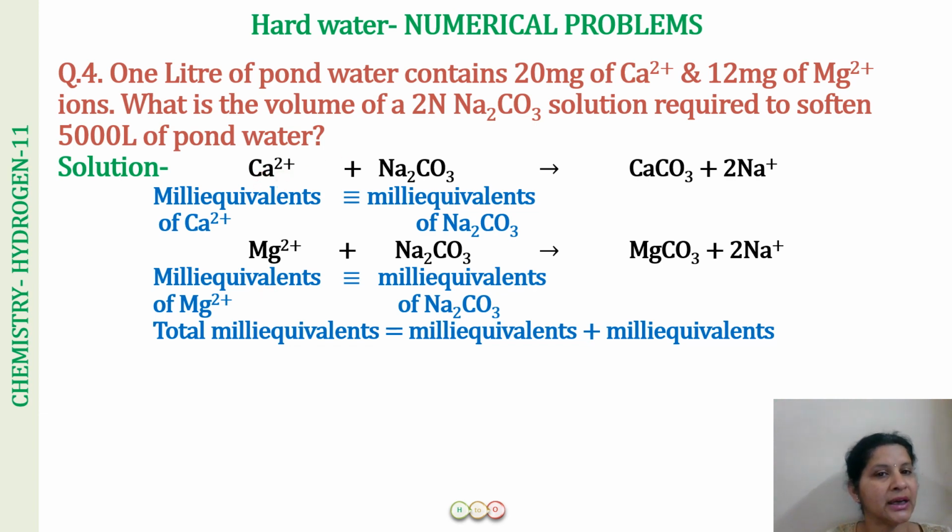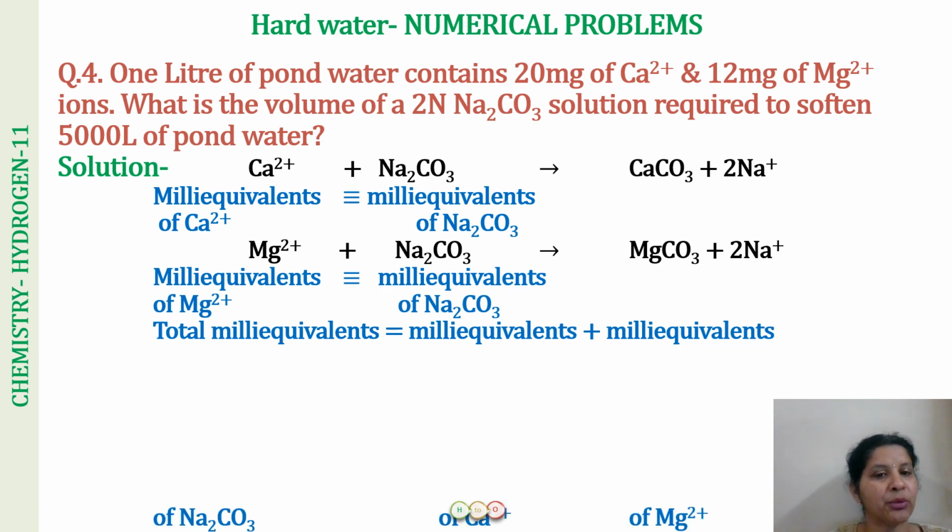So we are going to write down now this. What we are given is that we have a 2 normal sodium carbonate solution. So 2 normal sodium carbonate solution, multiply this by the volume, you will be getting the number of equivalents for sodium carbonate. And for calcium and magnesium ions, the mass of the calcium ions divided by the equivalent mass of calcium ions, the mass of magnesium ions divided by the equivalent mass of magnesium ions, this is going to give us the milli equivalents of the calcium ions and the magnesium ions.